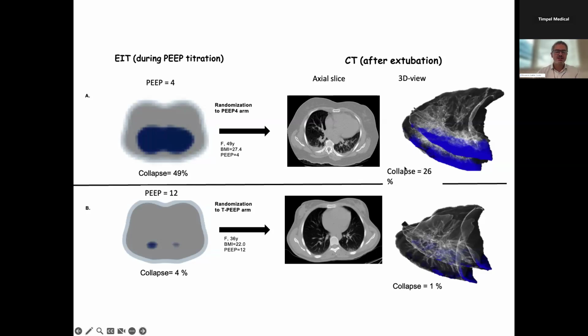There are many studies from Professor Jordan Hedin who show that just by laying down in bed and having sedation and anesthesia induction, you can get a lot of collapse in the dorsal parts of the lung, meaning that a certain amount of PEEP is usually required to avoid collapse from occurring.